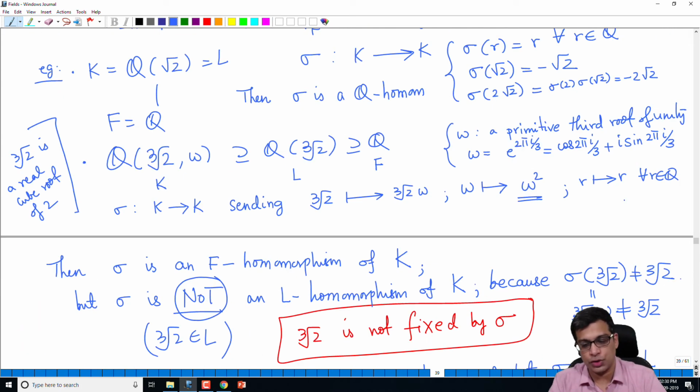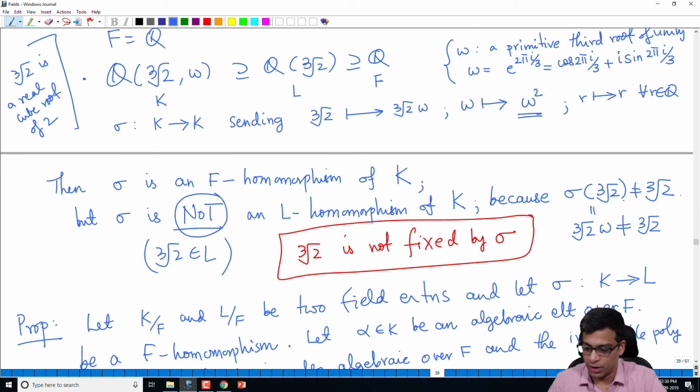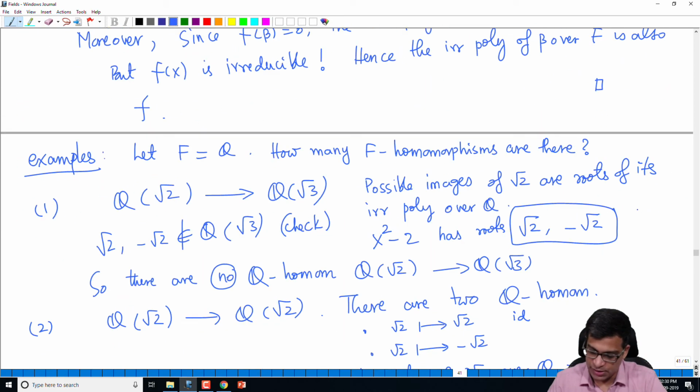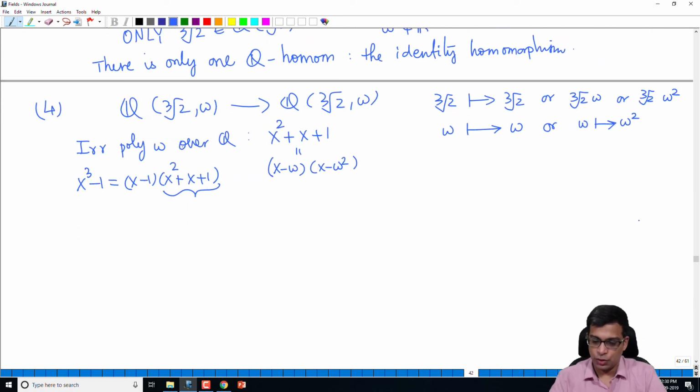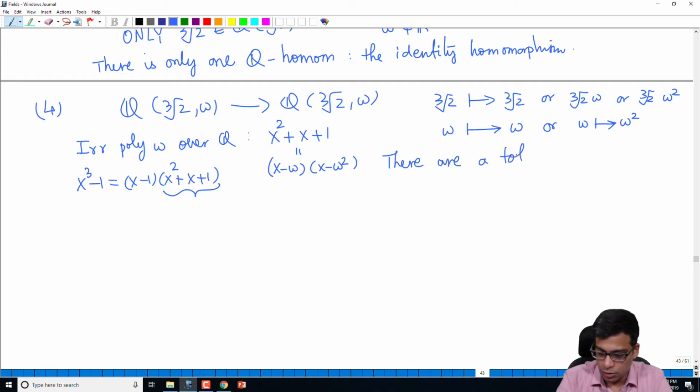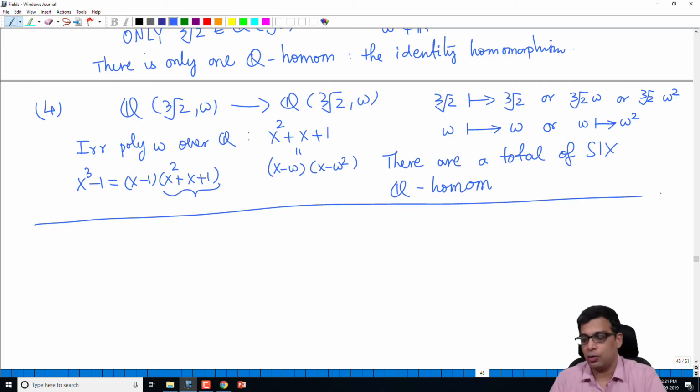Cube root of 2 goes to cube root of 2 omega, omega goes to omega squared. Because these are independent, and the first element has 3 choices, the second element has 2 choices, there are a total of 6 Q homomorphisms here. Okay, so this tells you what the possible images of algebraic elements are.